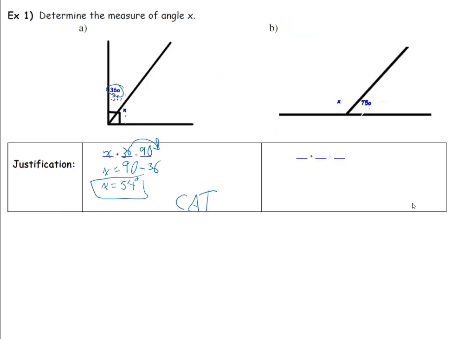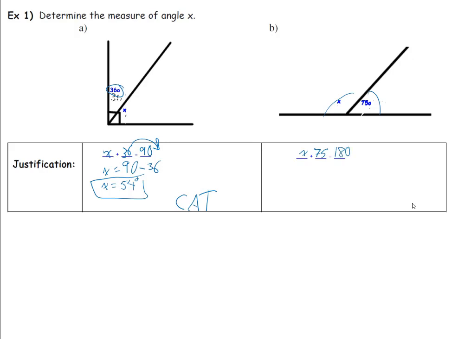Next, we're going to look at example B, where we have x and 75 degrees. For some reason, my degree symbol got messed up. I have x plus 75. Well, if it equals a flat line, how many degrees are in a flat line? 180 degrees.